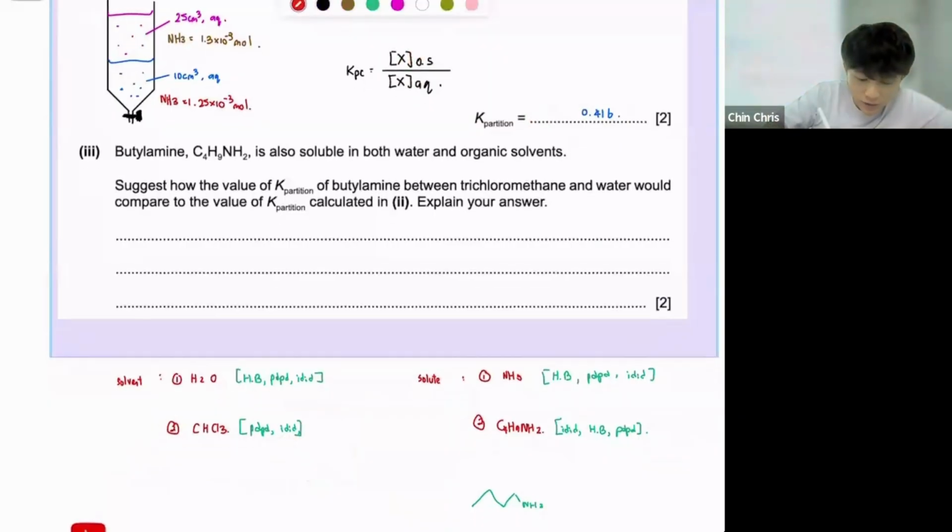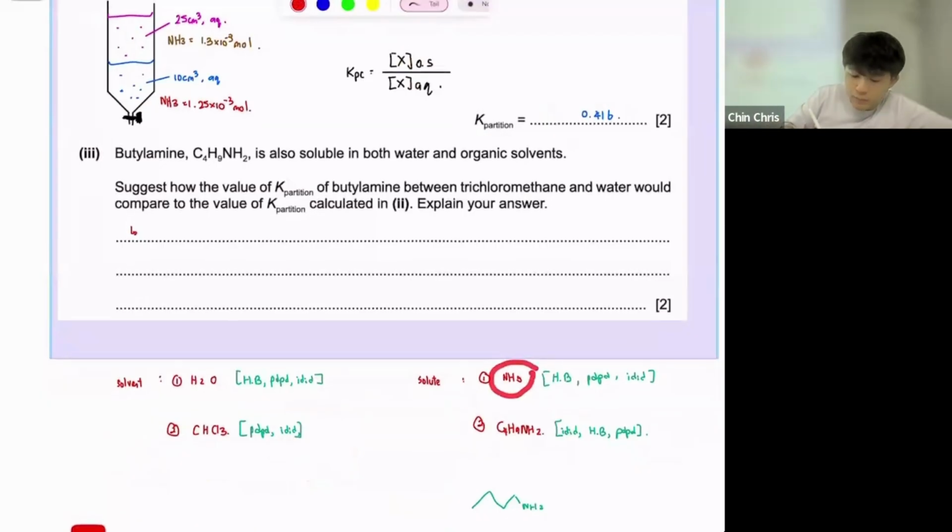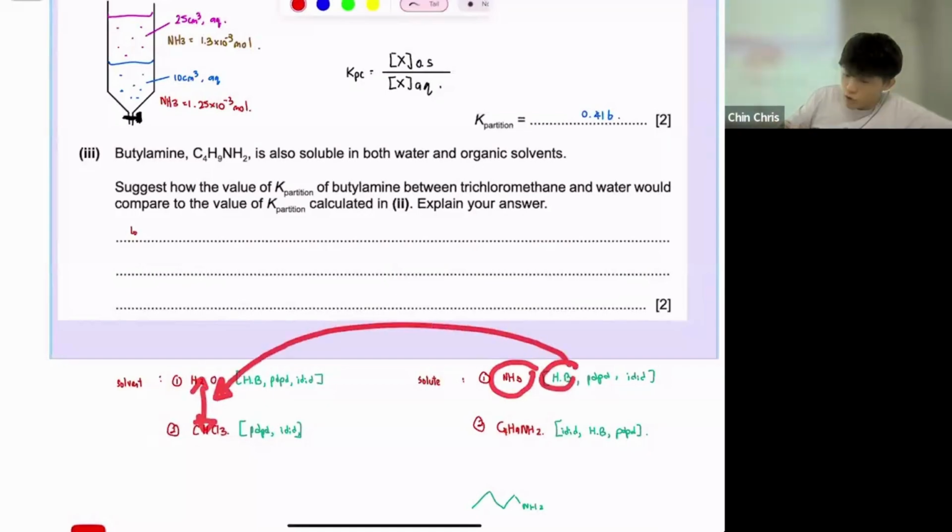So guys, let's write it down. Because again, what is dissolving? Dissolving is to find similar IMF. The more similar their IMF is, the better they will dissolve. Understand? So for example, why can NH3 dissolve in both? They have hydrogen bonding, and they also have ID.